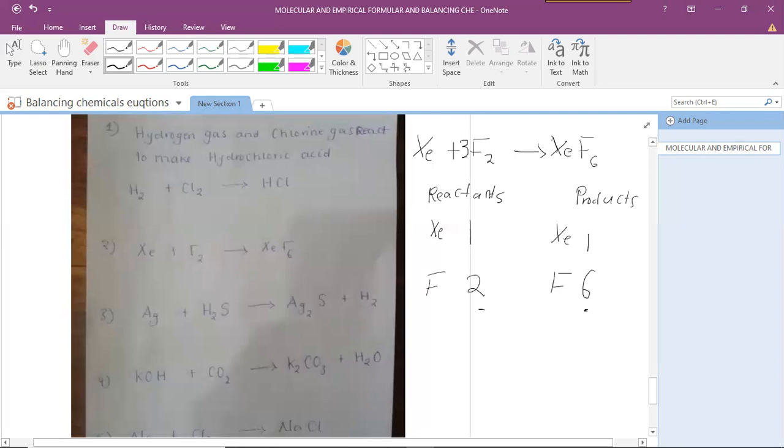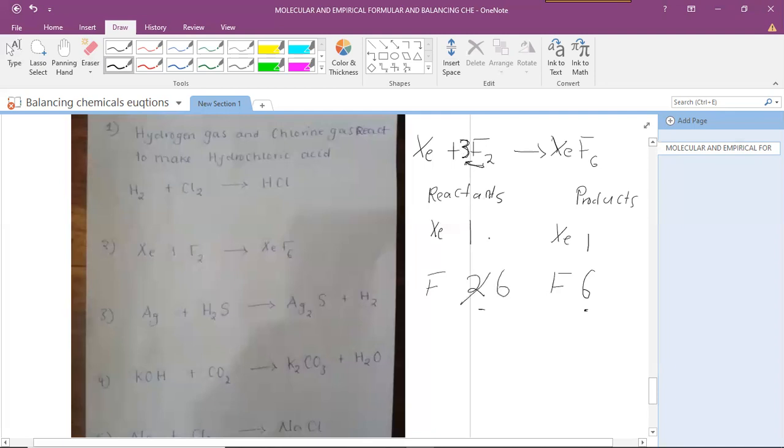Three. Yes, exactly. So if we can add a 3 there, we can say 3 times 2. We can multiply like this in chemistry, by the way. This coefficient can multiply with this subscript underneath there. So 3 times 2 will give us 6.